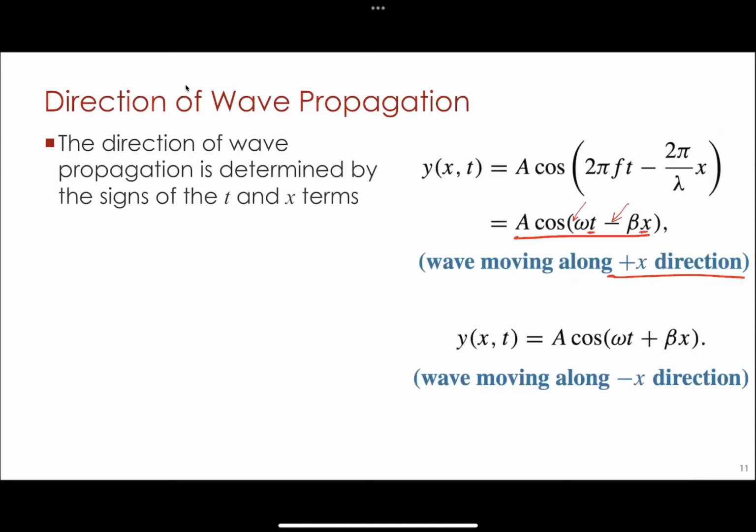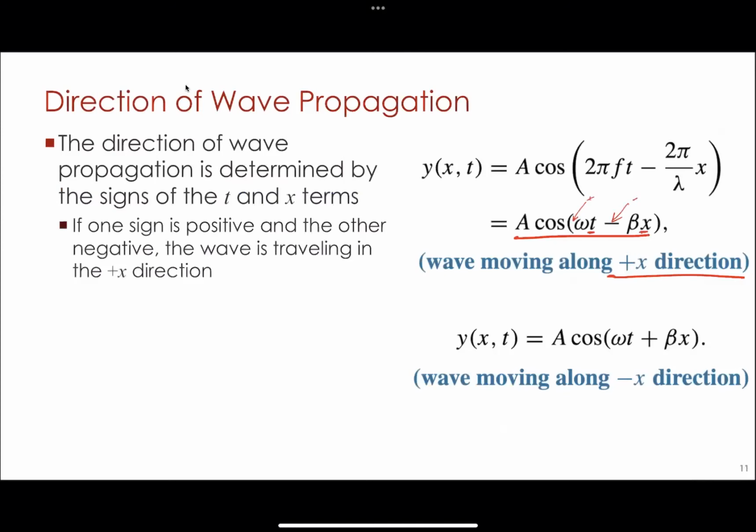There's a plus sign here and a minus sign there. They're different. It could have been flipped around. There could have been a negative in front of the omega t and a plus in front of the beta x. It would still be movement in the plus x direction.